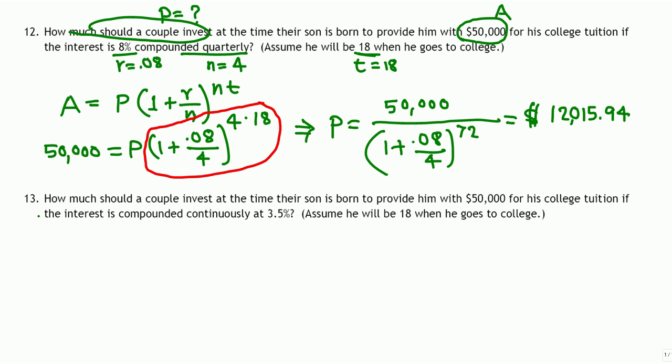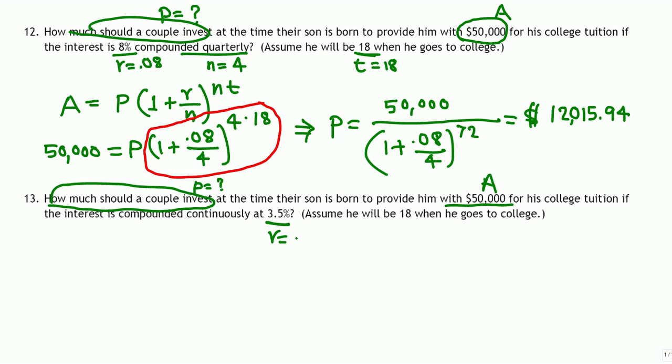Next, how much should a couple invest? It's the same thing again, principal P at the time their son is born to provide him with 50,000, the future value A for his college tuition. If the interest is compounded continuously, now it's different, so we have to go for the exponential formula at 3.5%. That's the rate.